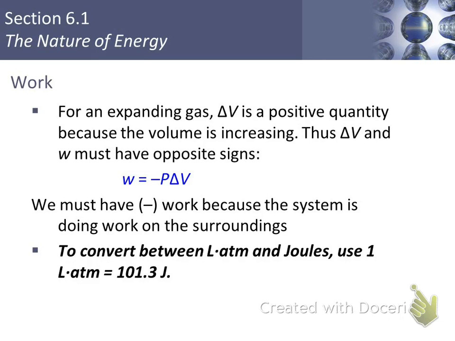This is just a smaller version of your cheat sheet. If we have negative work, that means we are increasing our volume, so our system is doing work on the surroundings, and that's exactly what it says up here. System does work on surroundings, negative work, exothermic. So all of these things fit together. They all work together. You need to have this conversion right here.